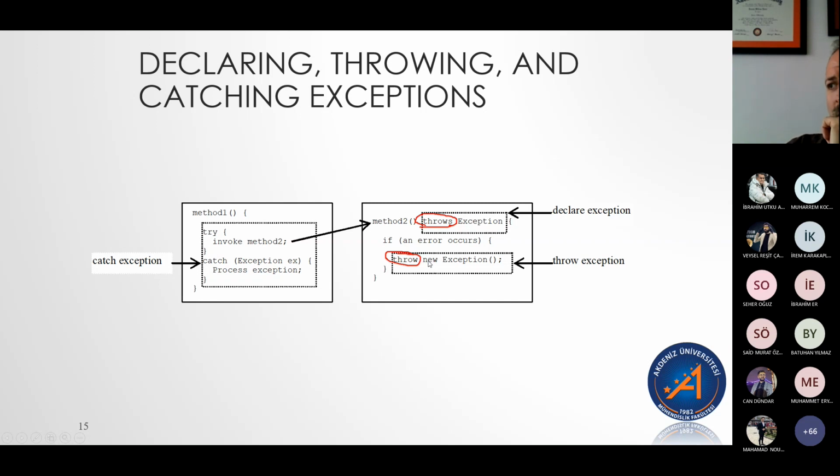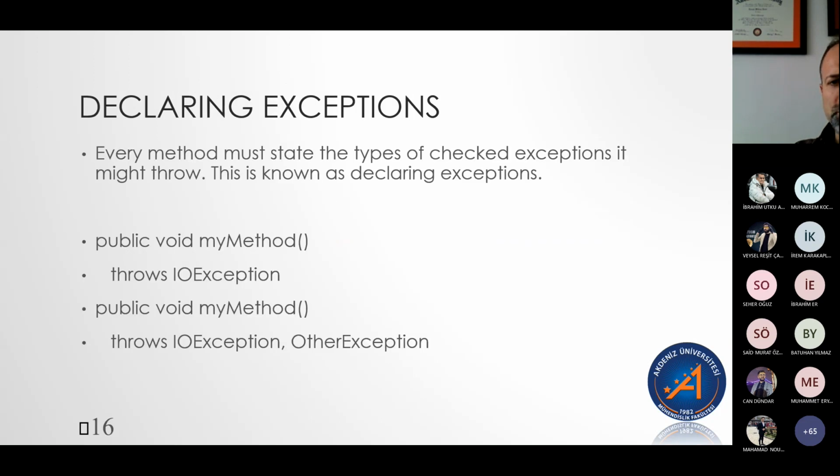Without the S, throw is actually the action of generating and causing this exception to occur. So you could say throws IOException. The stuff inside of this method could result in an IOException or another exception. This is telling the compiler, I know that the method below could result in this particular type of exception.